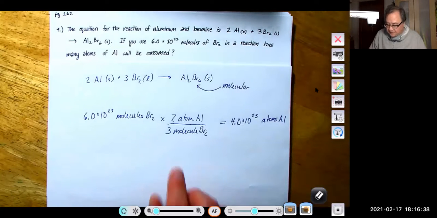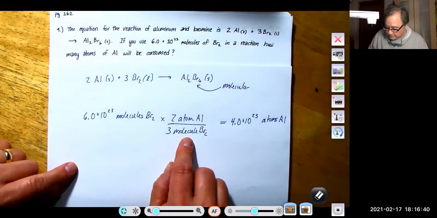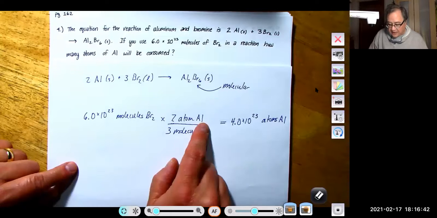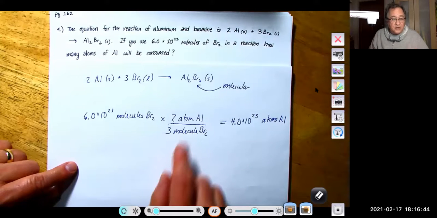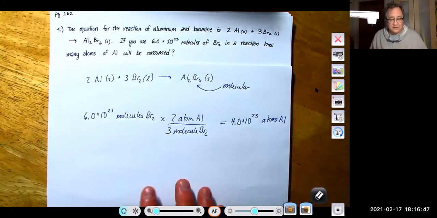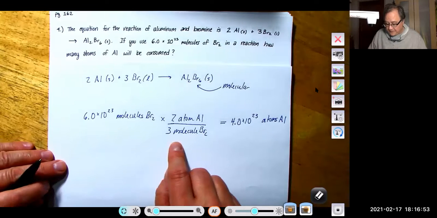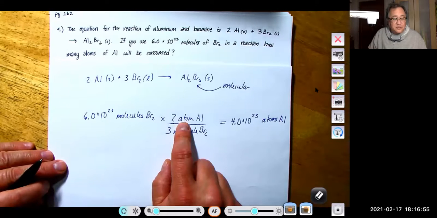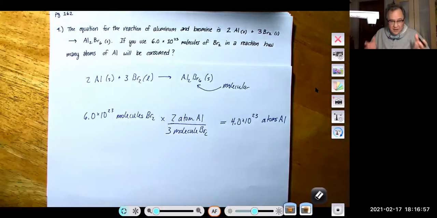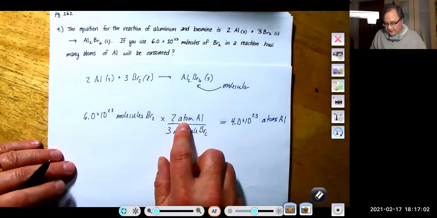Now, why is Br2 called a molecule and why is aluminum called an atom? The answer is molecules have atoms bonded together. In this case, the bromines are bonded together, so that's why this is called a molecule. In aluminum, the atoms are not bonded together with covalent bonds, so we call this an atom of aluminum and not Al2 or anything like that.